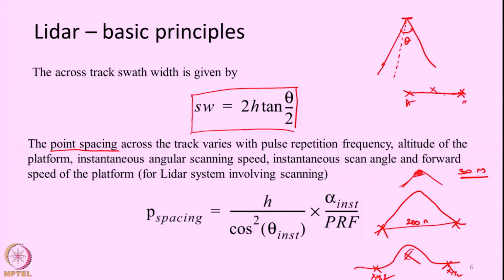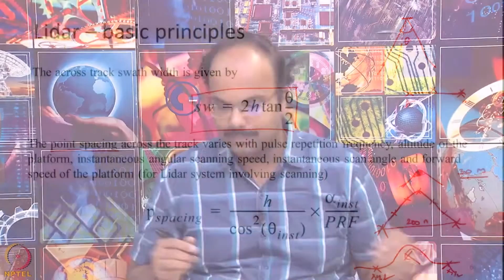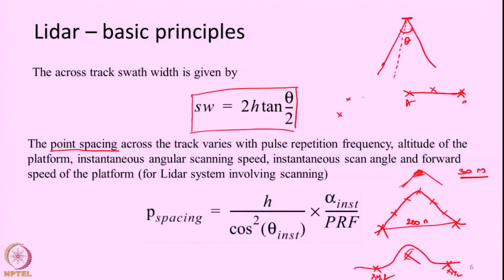So, essentially for us to get a proper representation of the terrain, we will look for a high point density. Let us say the point density is pretty high, we are measuring several points along the way or in the across track direction. Then we will be able to measure x, y, z of all the points, and our interpolation mechanism will properly interpolate the surface like this.